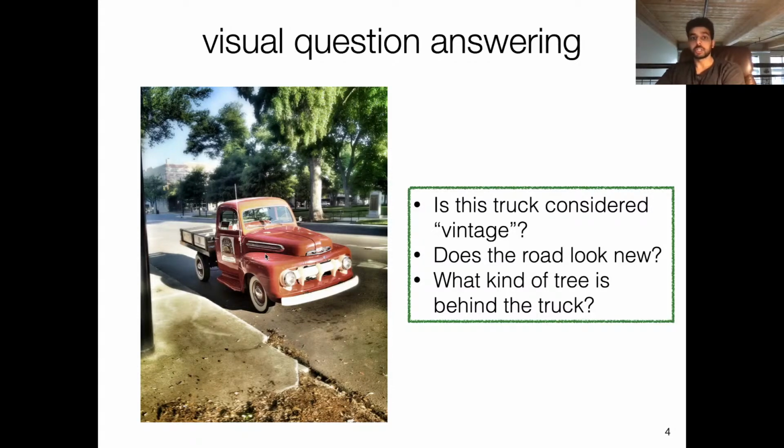In the visual question answering case, your input is an image as well as a natural language question. And the answer, you can view it in many different ways. It could be a generation task where your model actually has to produce a sentence or a paragraph in response, or it could just be a simple yes/no answer, or a single word answer, which is what the current popular data sets are like.